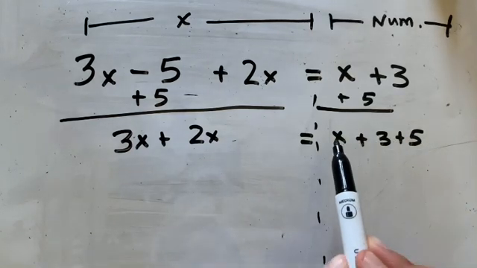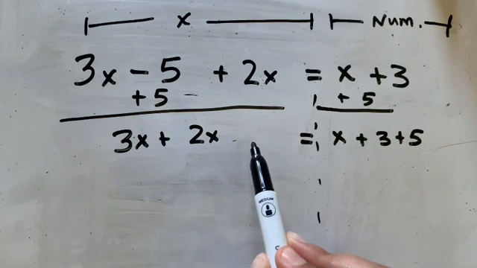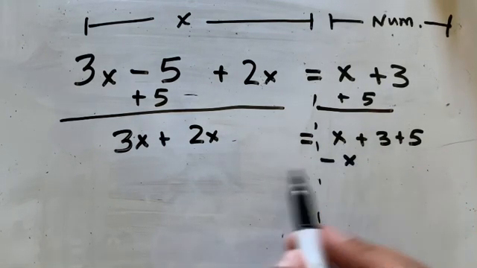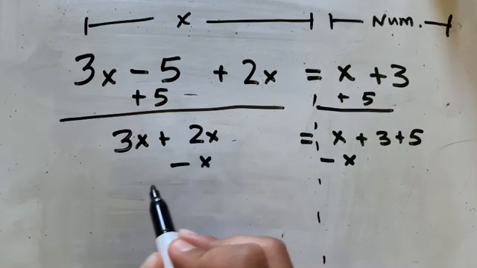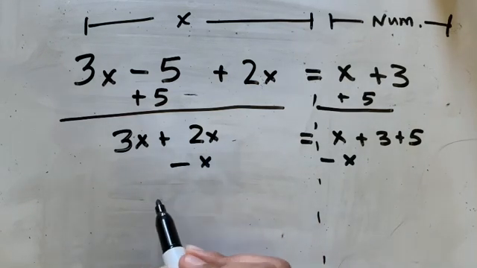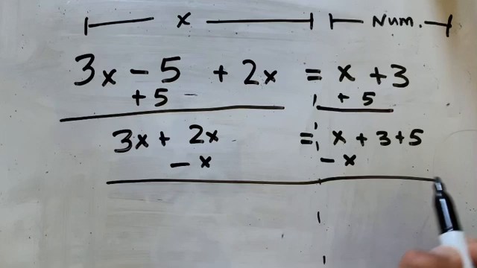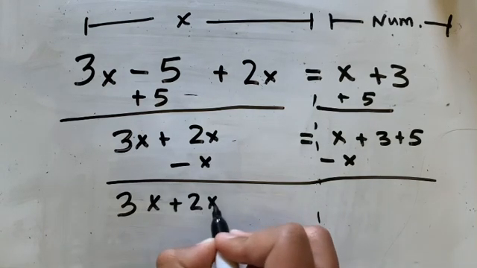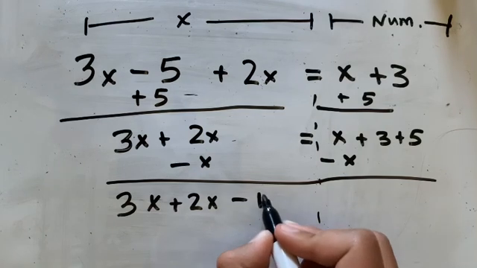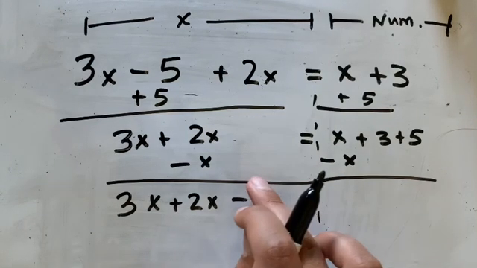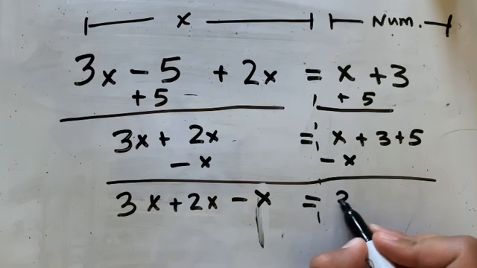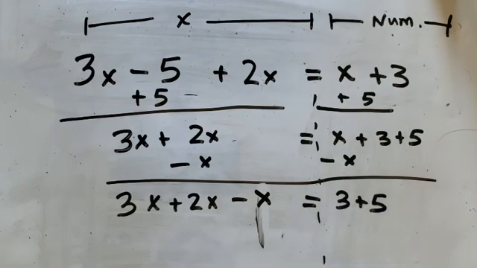Now let's move this x to the left side. So we should subtract x from here and subtract x from here. This will give us 3x plus 2x minus x equals 3 plus 5.